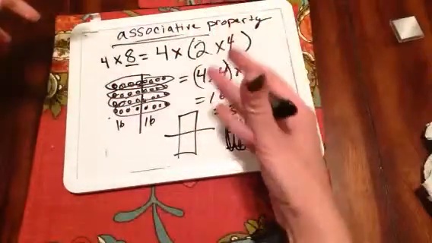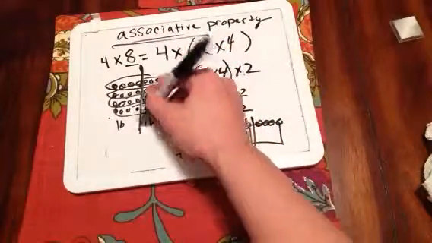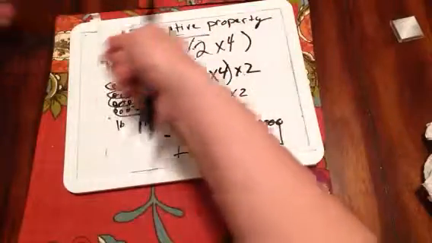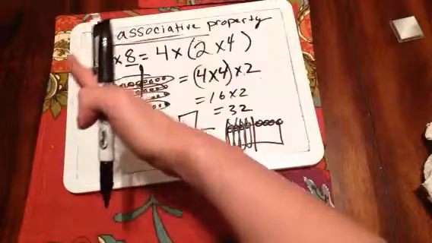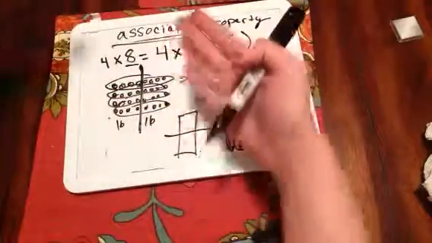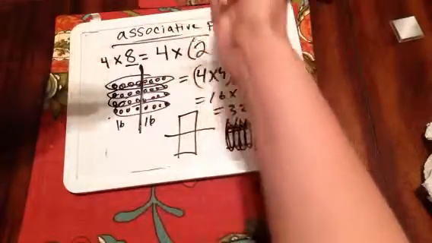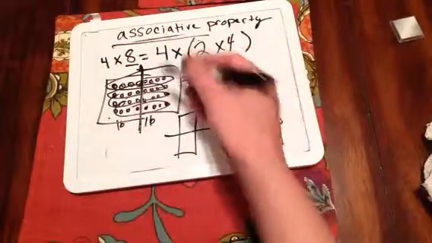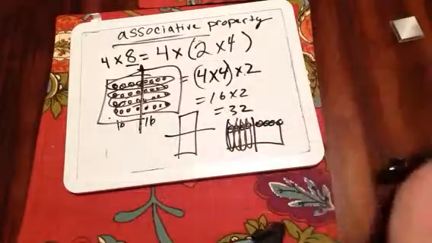So the array looks different, but you can definitely split it in half, or if you have other numbers, you could split it in different ways. It doesn't always have to be in half. The partitioning, the dividing up, doesn't always have to be horizontal. It can also be vertical.